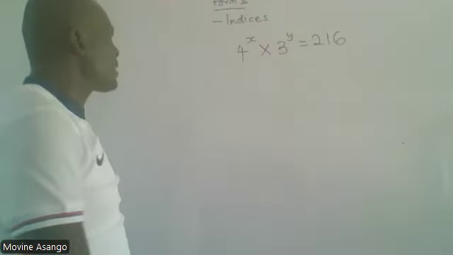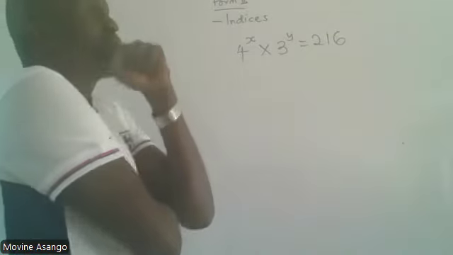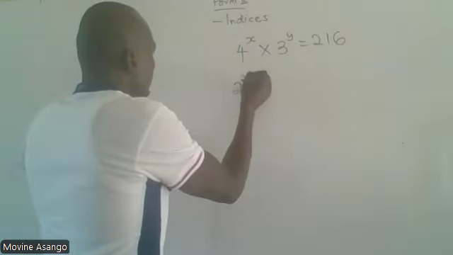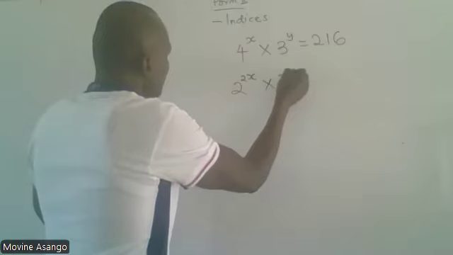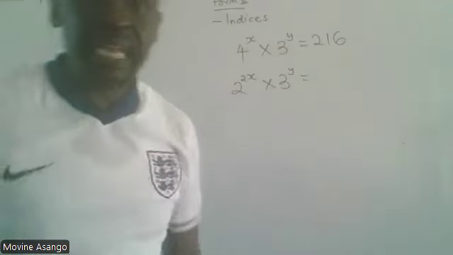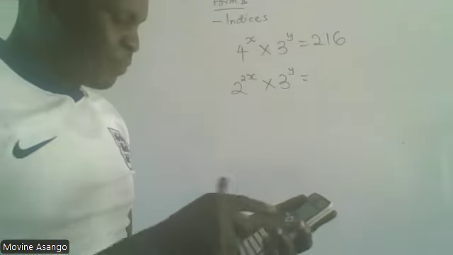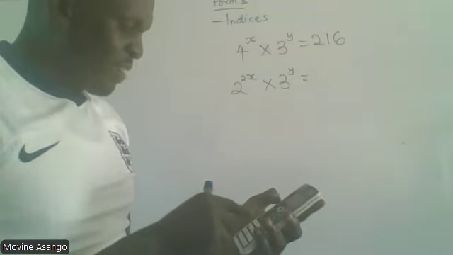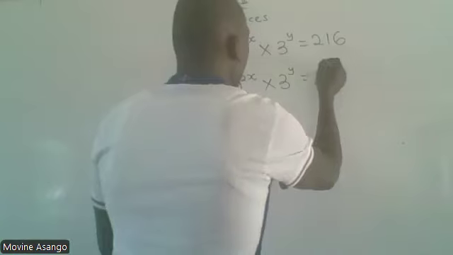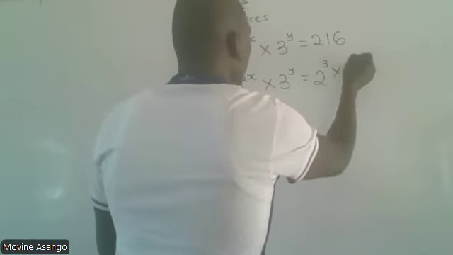First of all, I have to ask myself, can 4 be factorized? Yes, as 2 squared. The next question, can 216 be broken down? Can it be factorized? Yes. If I take 216 and I factorize it, I will get 2 cubed by 3 cubed.